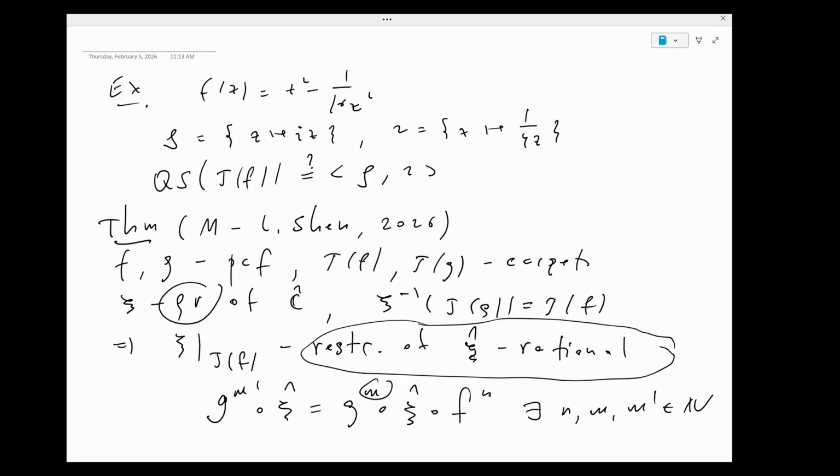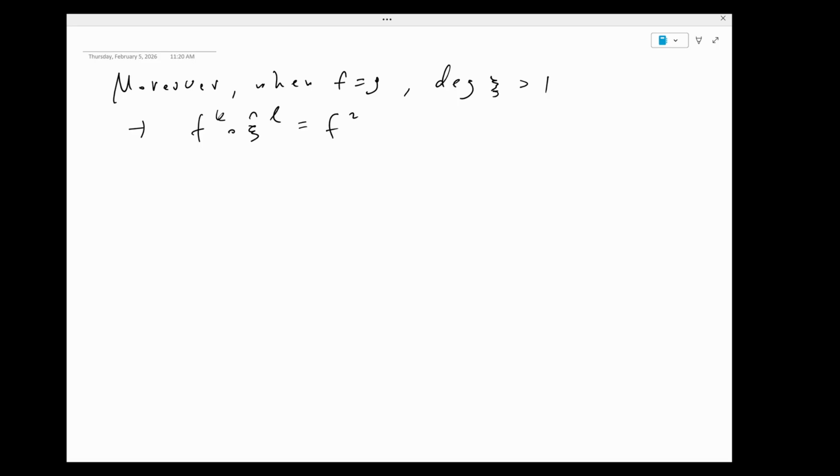The second part is when f equals g. Moreover, when f equals g, and we also assume the degree of C, this a priori quasi-regular map, is at least 2, then we have the following functional equation for the rational extension, C hat: there exist k and l natural, which is a better equation than the one before because it only has C on one side, not on both sides as before.